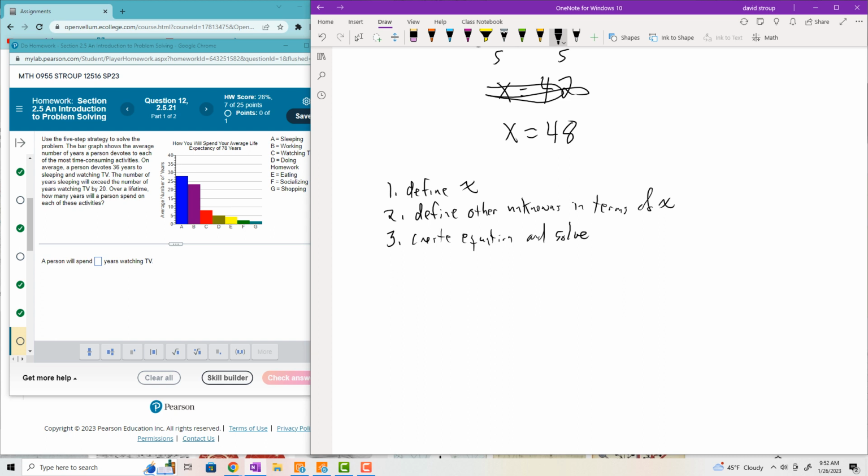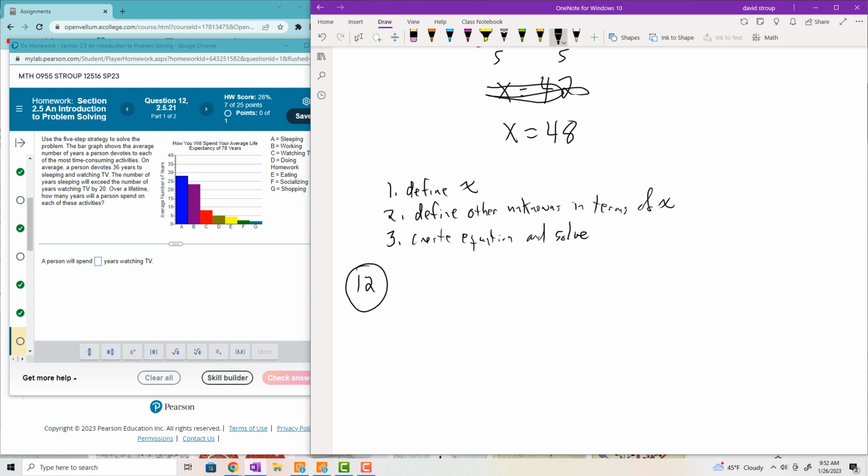Let's try number 12. I don't know if I did it in class, but we'll do it again. And so the deal is you're looking at these sentences, and again, you're going to kind of turn them into math, right? So, on average, I'm just kind of skipping through the beginning.